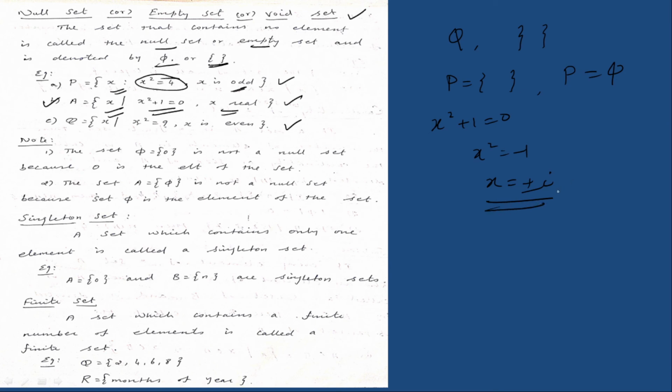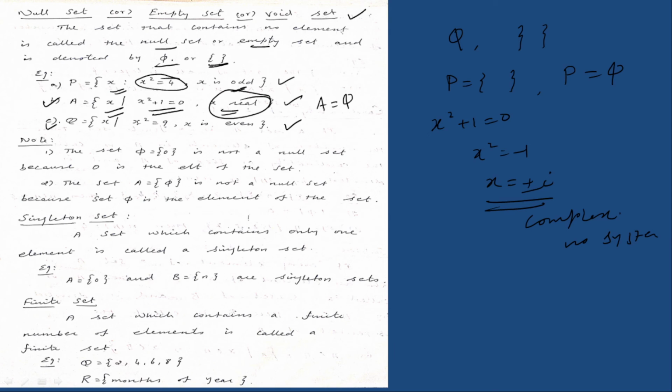This case holds only for the complex system. But it is given that x is a real number. So this condition doesn't hold for any real number, which means A is equal to an empty set phi.